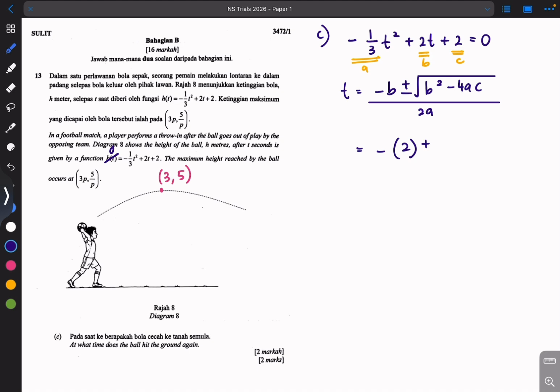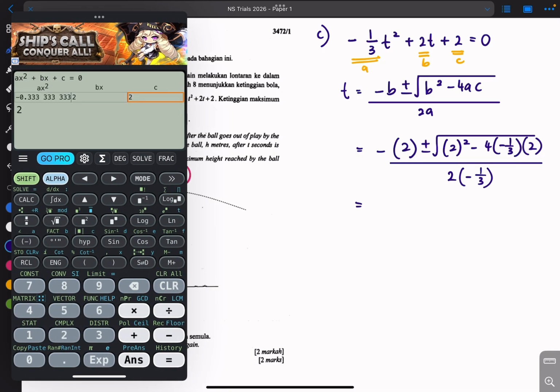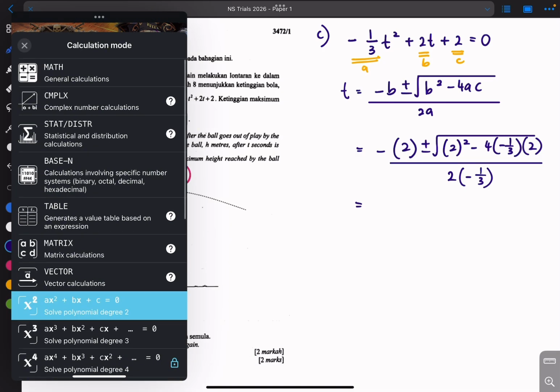Negative b plus minus square root of b squared minus 4ac over 2a. Right. So here we are going to get two values.